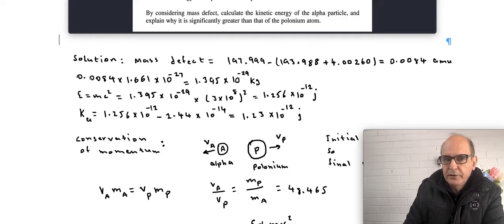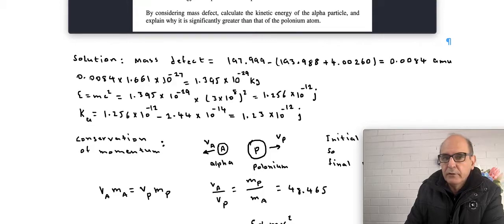Initially, we change the mass defect into kilograms, because in the formula E equals mc squared you need your mass in kilograms.